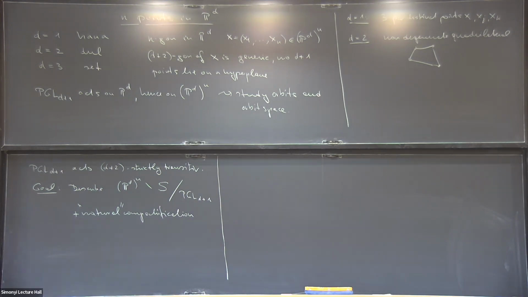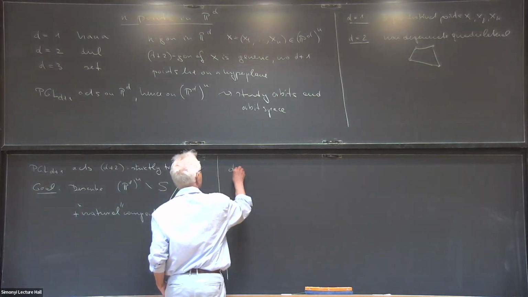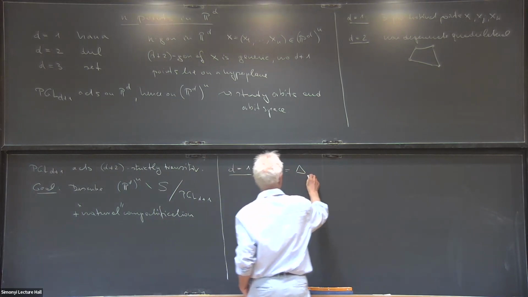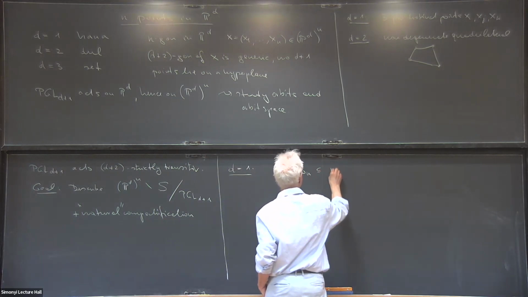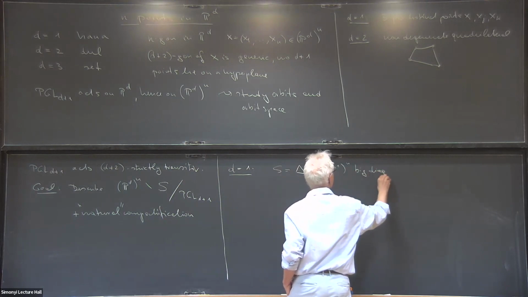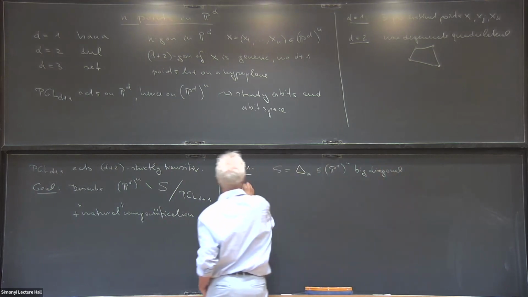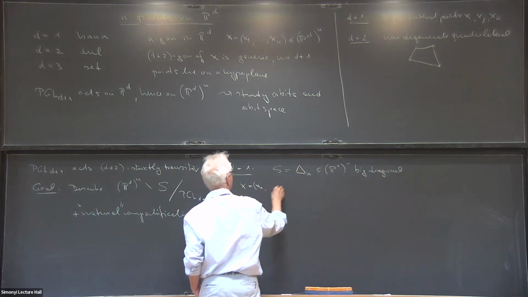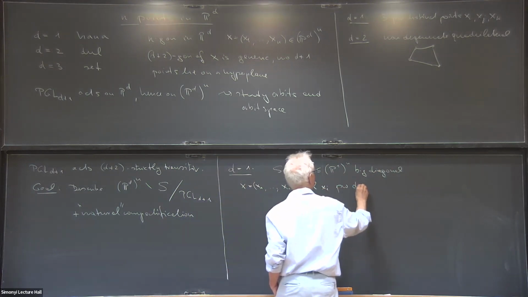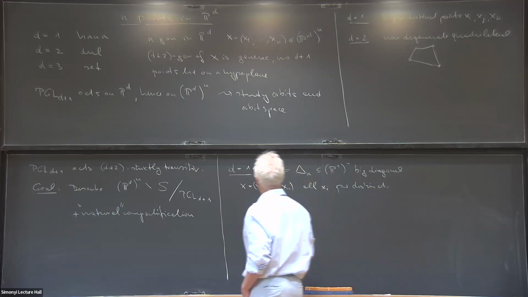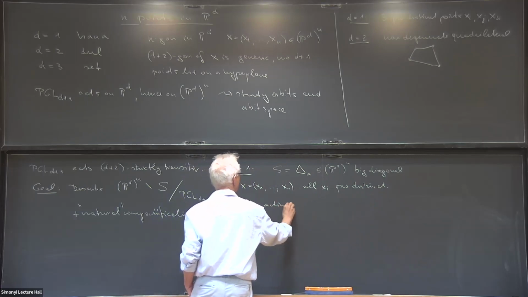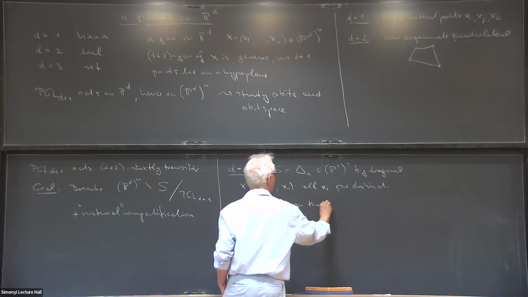So for d equals 1, we will take S to be delta, the big diagonal. So we take n-gons x_1, ..., x_n, all x_i pairwise distinct. And then we have PGL_2 acting on these n-gons.